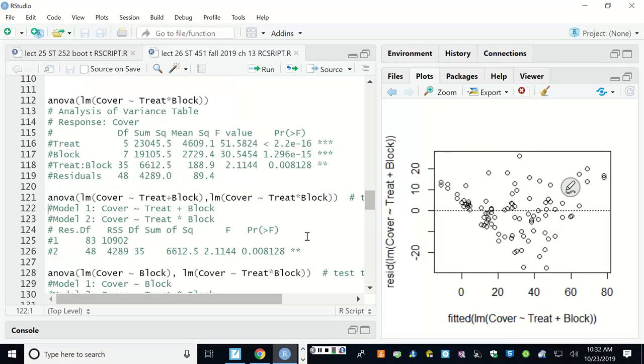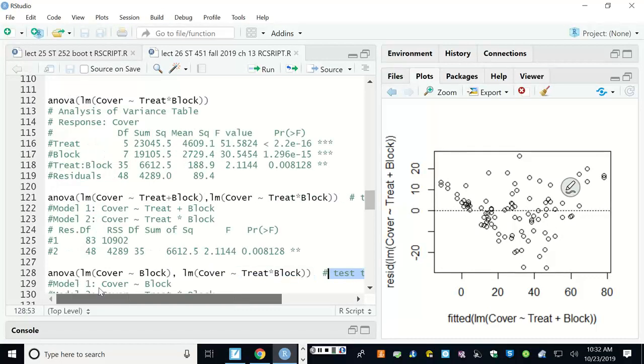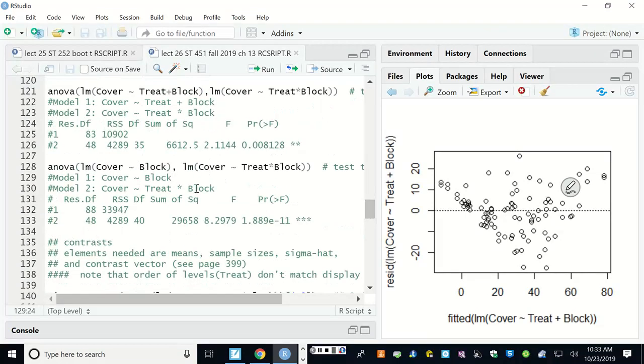But we might still want to report an overall test of treatment. Instead of testing treatment by itself, just using that line, it's important to test the overall effect of treatment, because it interacts with block. So you can do that as another specific ANOVA test. This one only has block, no treatment effect at all.